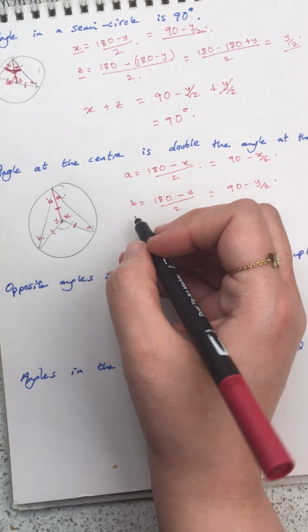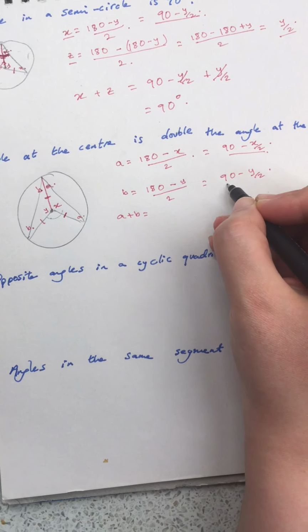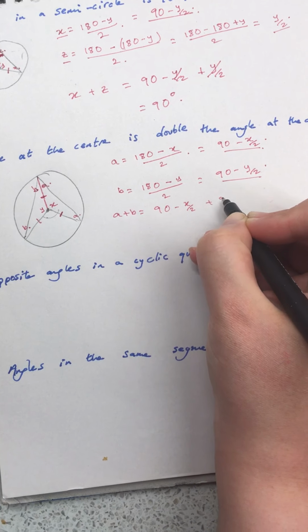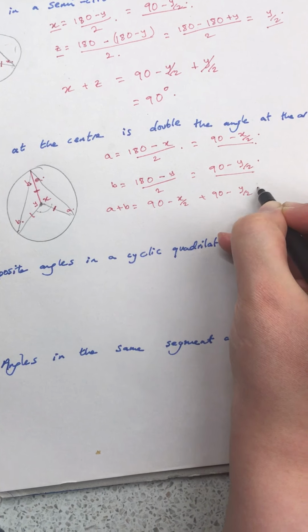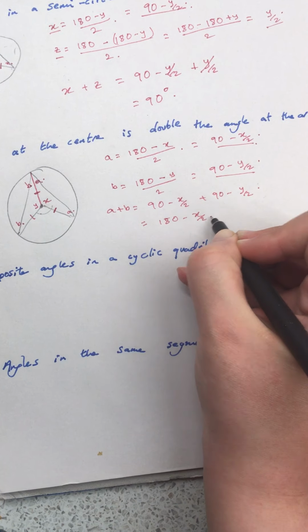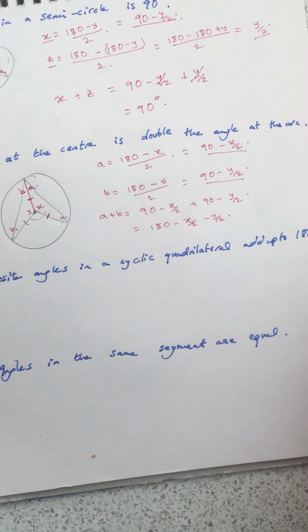If I add them together, a plus b, that will be this plus this, so 90 minus x by 2 plus 90 minus y by 2, which will give me 180 minus x over 2 minus y over 2.